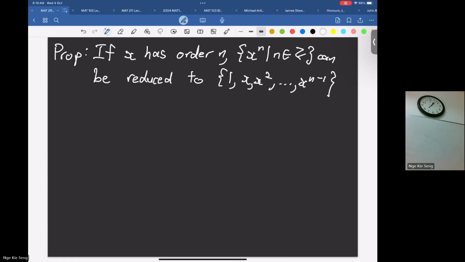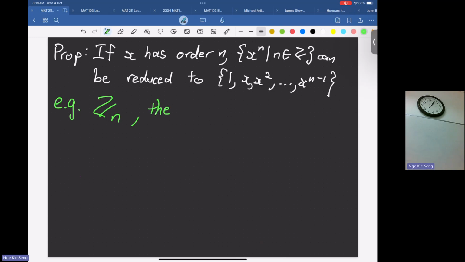So how do you do that? In Zn, who is the element that has order n? Who, after n times, goes back to 0? 1.